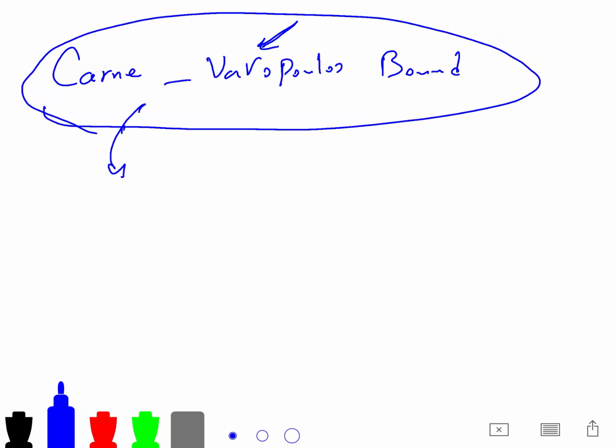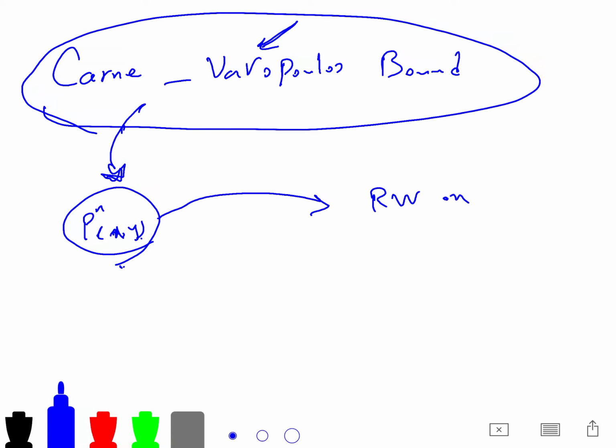in the proof of this, we understand how to relate the probability of X and Y. So if you start from X, after n time steps we reach Y, and this is the transition probability on the weighted graph. We relate it to a random walk on Z^d, let's say.